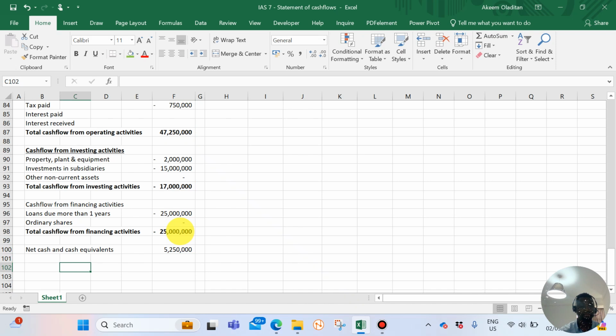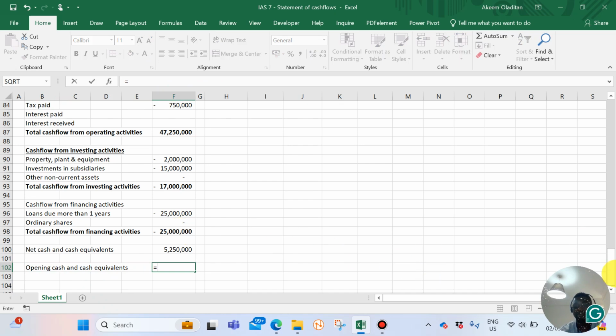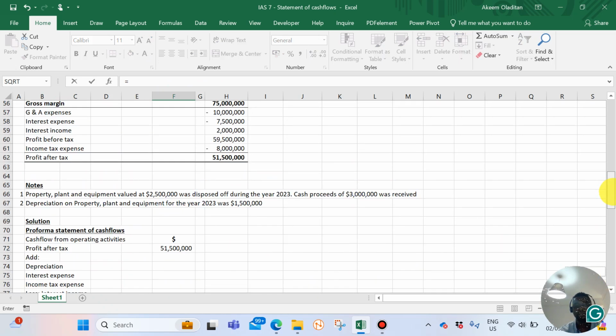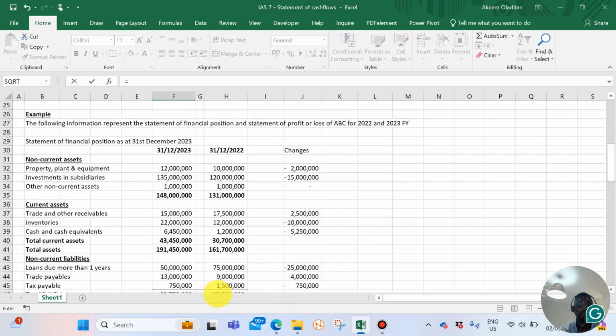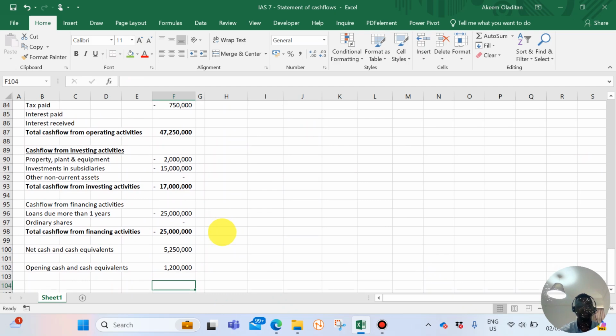So opening cash and cash equivalents. What's the opening figure? If you look at it, opening figure is the figure that was coming from 2022. So this opening figure is $1,200,000. So what is the closing figure?